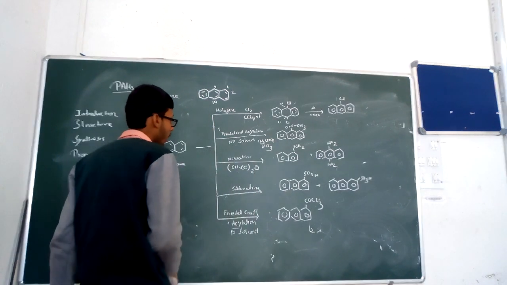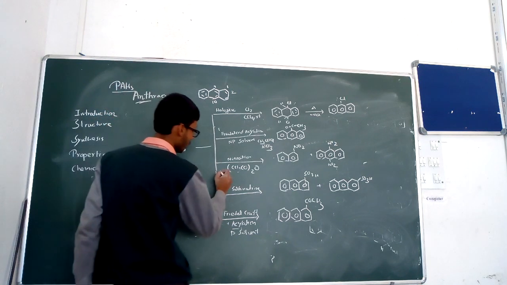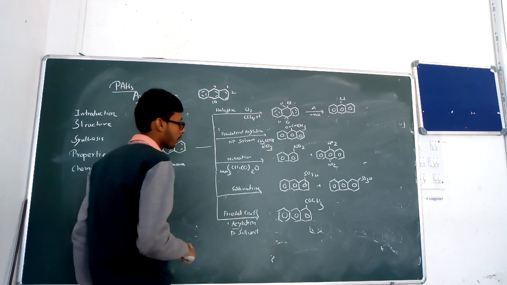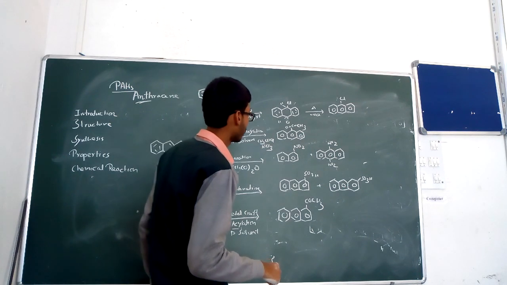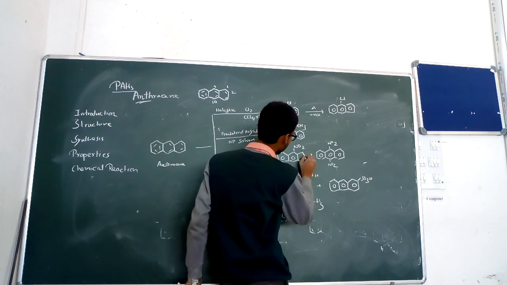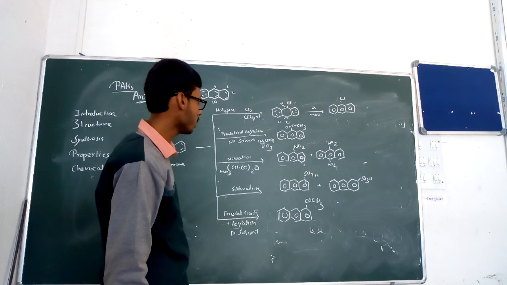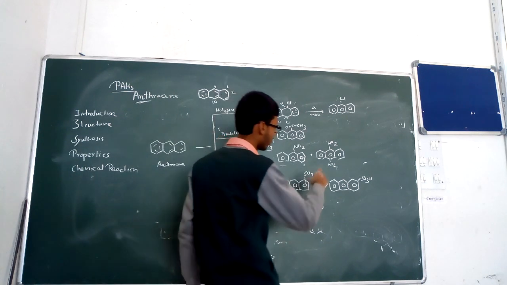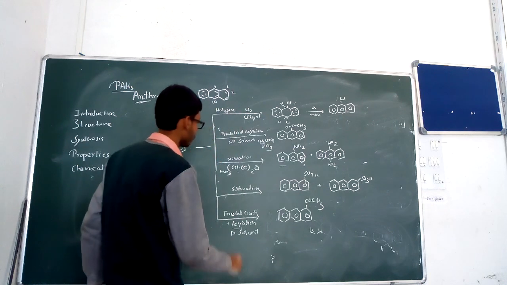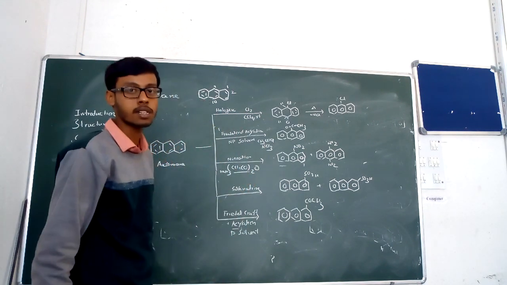In the case of nitration, it is carried out with nitric acid in the presence of acetic anhydride, forming a mixture of 9-nitroanthracene and 9,10-dinitroanthracene. Here the reagents used are nitric acid and acetic anhydride.